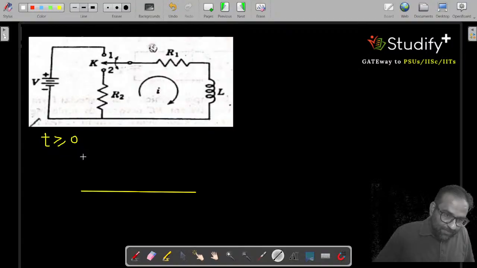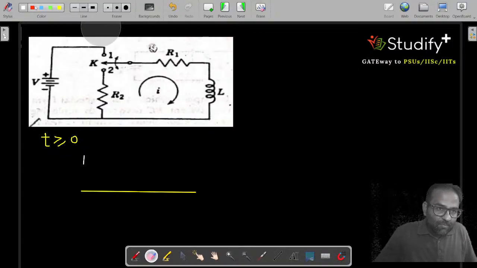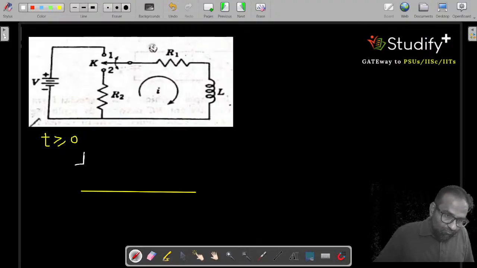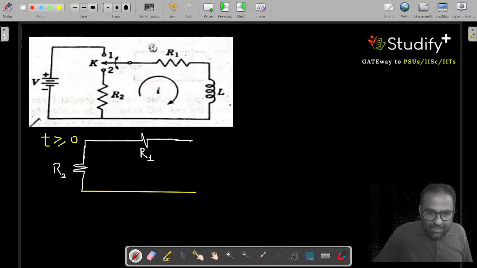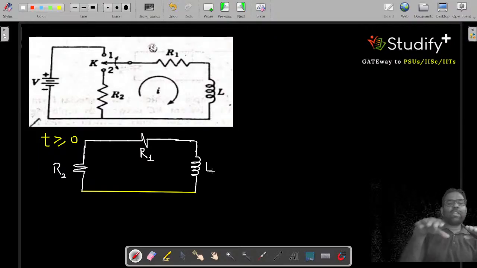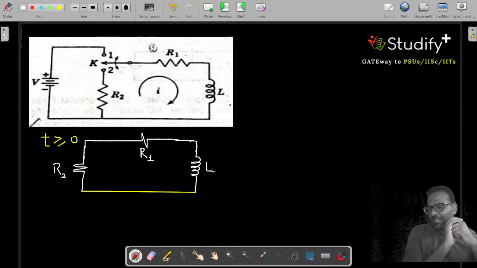So you can say this is R2, this value is R1, and this is our inductor, having value L. If there is no energy storing element in the circuit, in that hypothetical condition the current is 0.